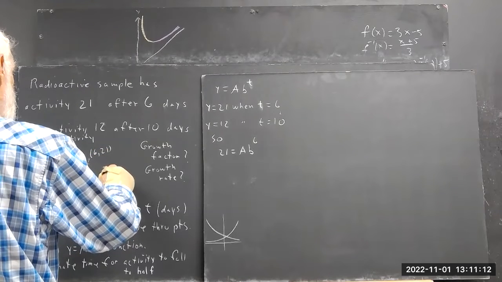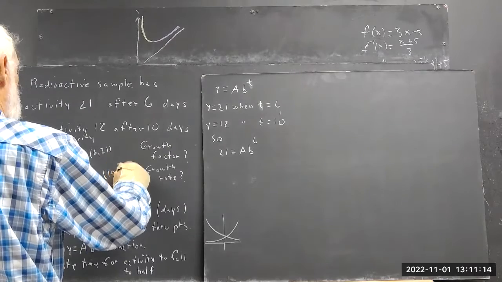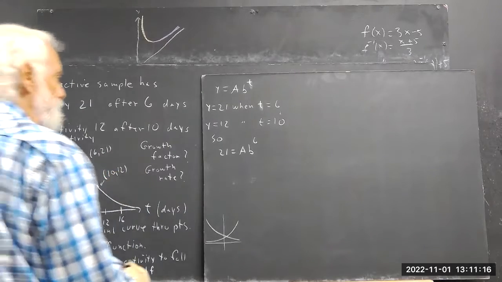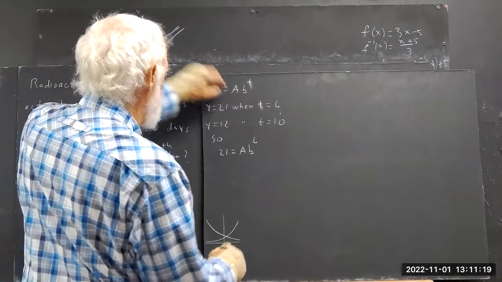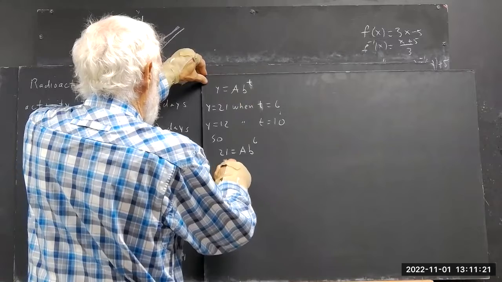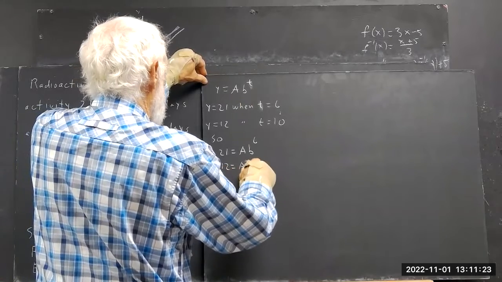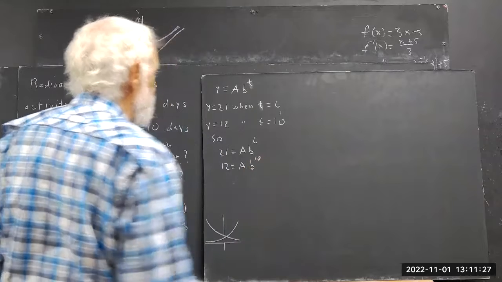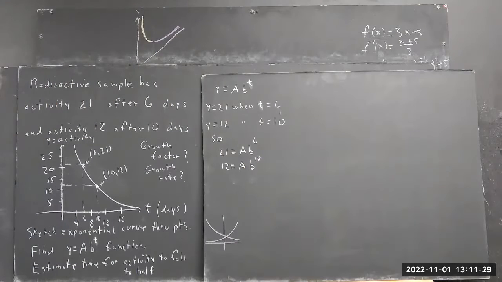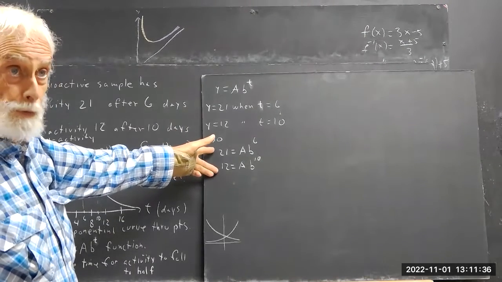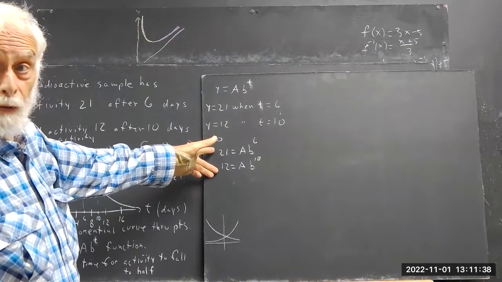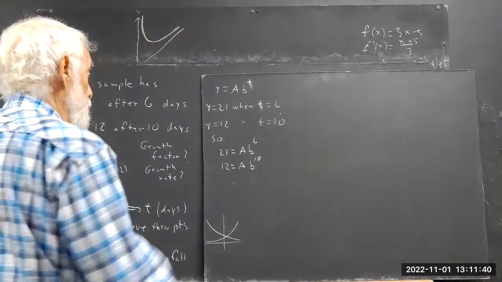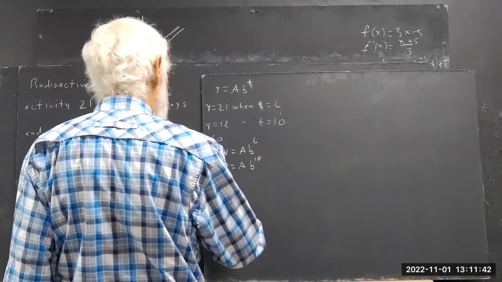And this one is 10, 12. Well, Y equals 12 when T equals 10, so that 12 equals AB to the 10th. Fair enough? Well, we've got 2 equations. We've got 2 simultaneous equations that we need to solve for A and B.